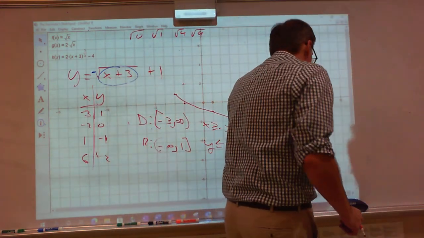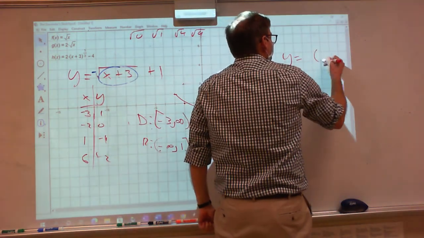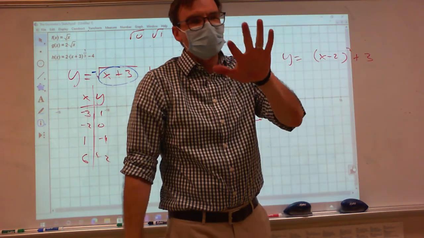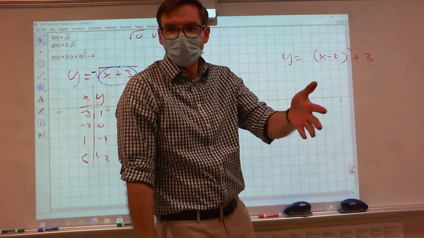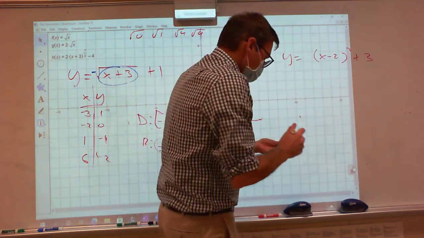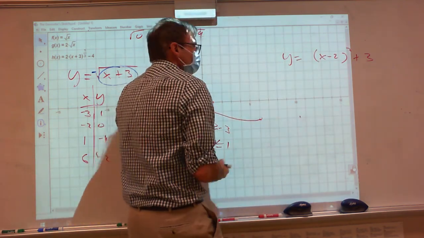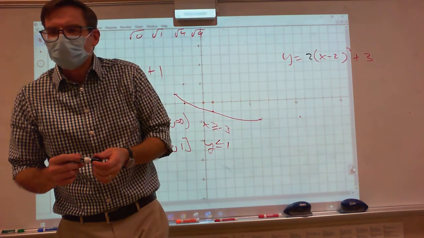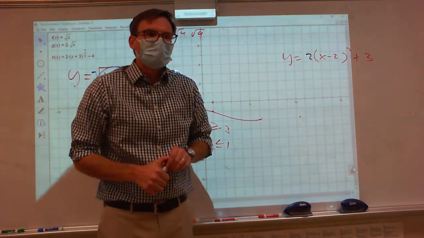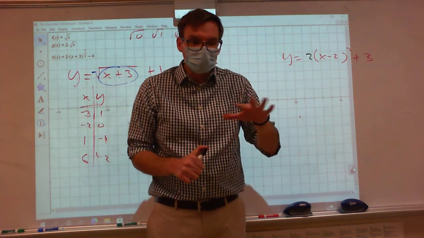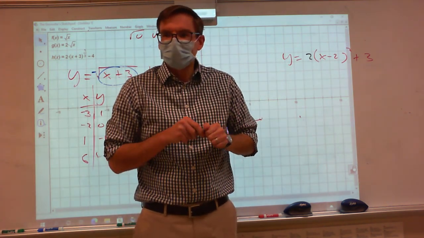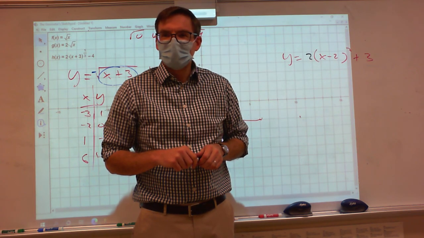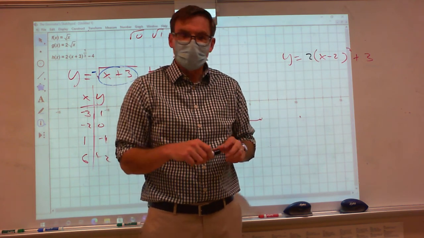Again, don't write this down. This is just me referring back to parabolas because we've talked about this. And the significance now is, what does the 2 do here? Everybody remember what it did to the parabola? Stretched it, right?